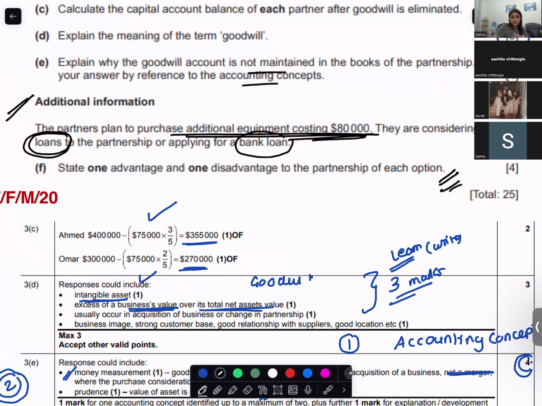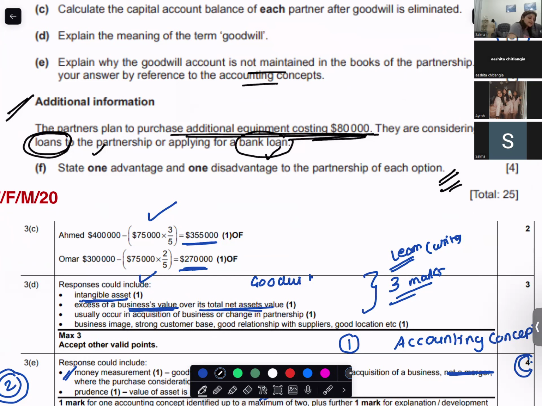First, can you explain the question? Yeah, so the partners want to buy additional equipment of 80,000 and they are thinking whether they should take a loan from the partnership or a loan from the bank. What happens if you take a loan from partners?